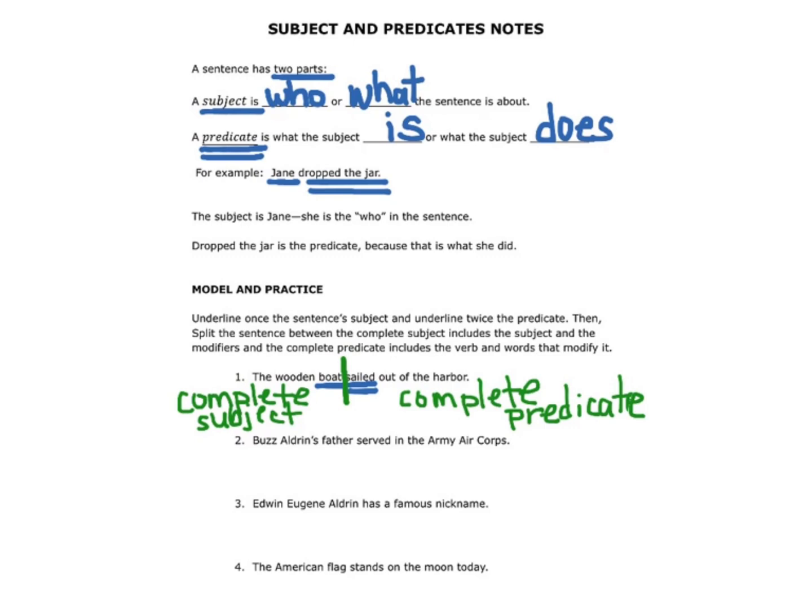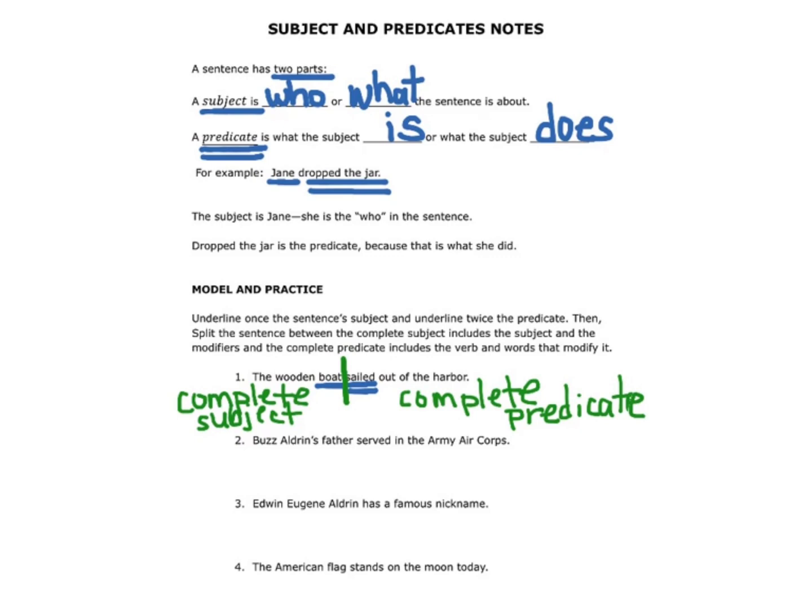So, number 2. Buzz Aldrin's father served in the Army Air Corps. So, which one is the subject and which one is the predicate? So I'm going to give you a second. And let's check.